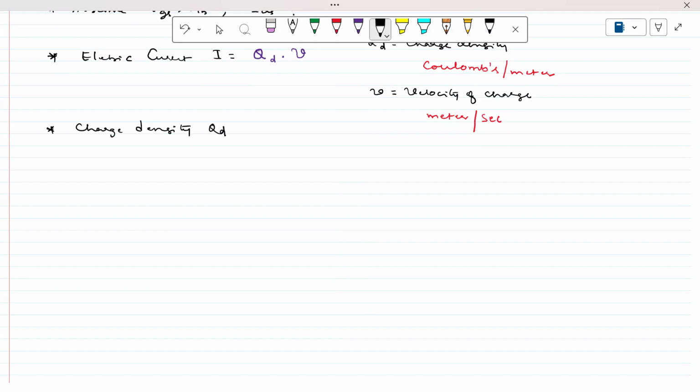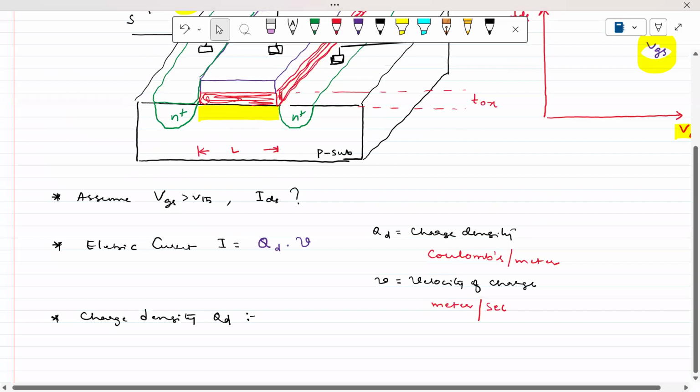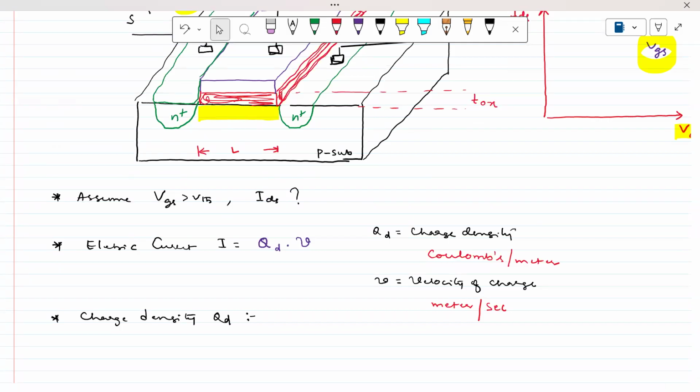Which charge are we talking about? The charge within the channel, right? What is the responsible quantity that makes this charge available? Because of this capacitive structure, the charge is induced there.